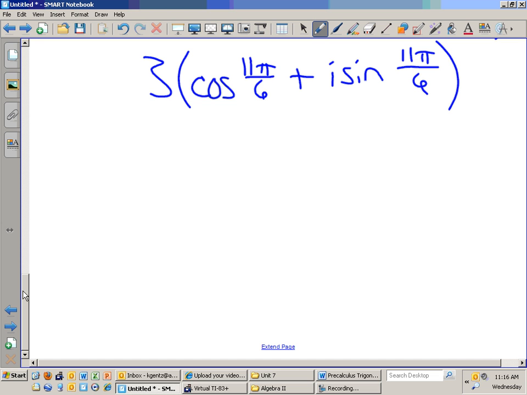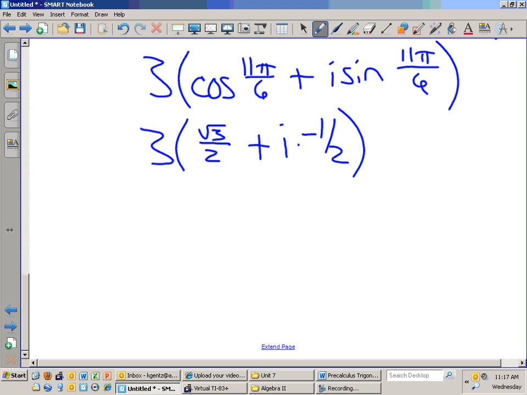Go to the graphic organizer, the basics of the unit circle, or go into your memory and realize that 11 pi over 6 is exactly negative 30 degrees, a 30-degree reference angle in the 4th quadrant, and you know what that's going to give us. 3 times the square root of 3 over 2, plus, and sine of that is negative 1/2, so I've got i times negative 1/2. So that would be 3 square root of 3 over 2 minus 3 over 2 i.